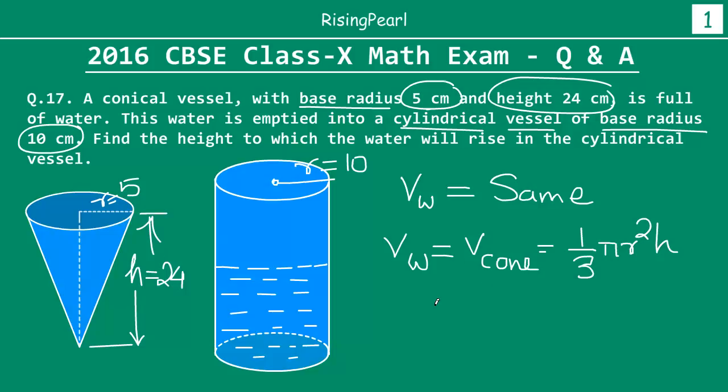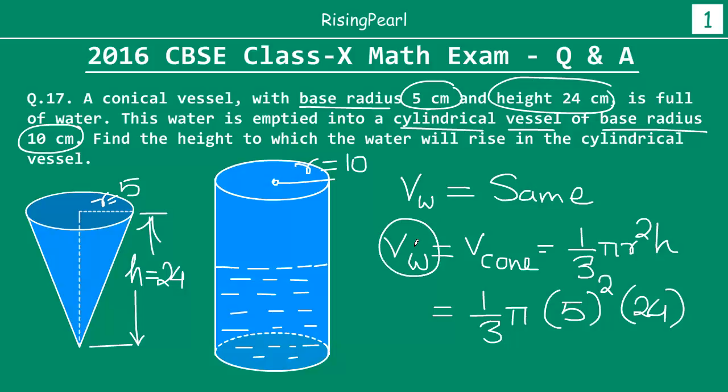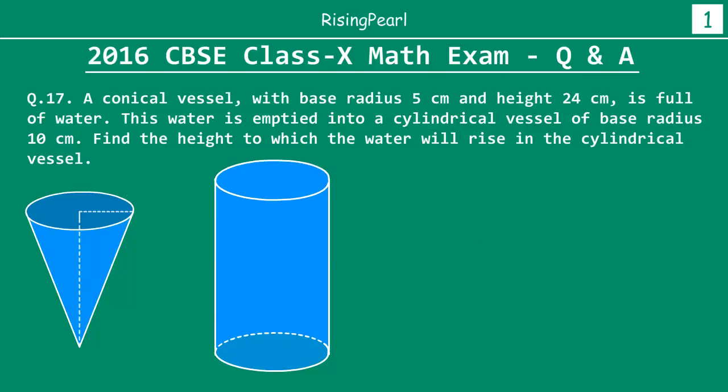So if we simply substitute, we have 1/3 times pi times, what is the radius? Radius is given as 5, so 5 squared, times height, which is 24. So this is going to be the volume of water in the cone. Now let's give ourselves a little bit more space.